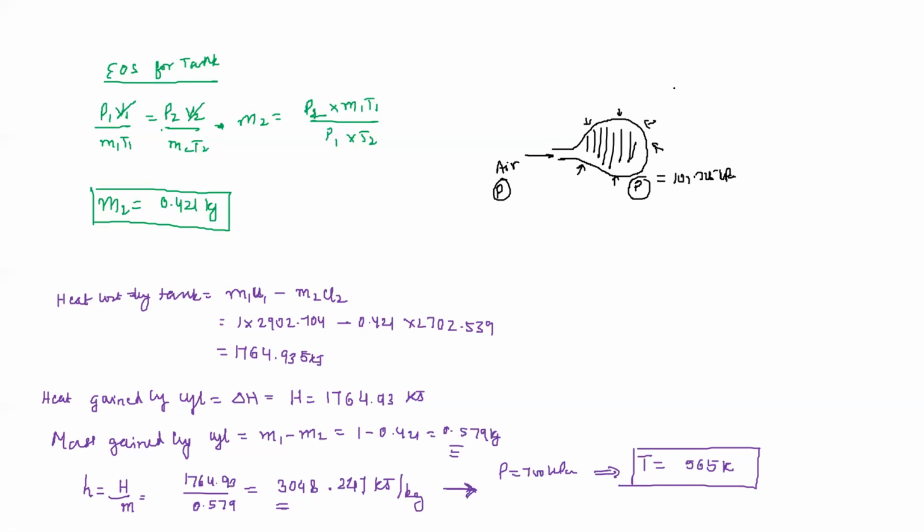You simply have to use the equations of state. V1 by M1T1 is equal to V2 by M2T2, because it is a variable mass system. Initially the mass may be anything, whatever the mass of air inside initially, and finally whatever it may be, and on the basis of that you can find the temperatures.